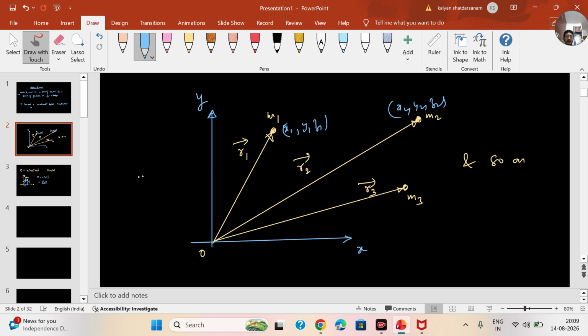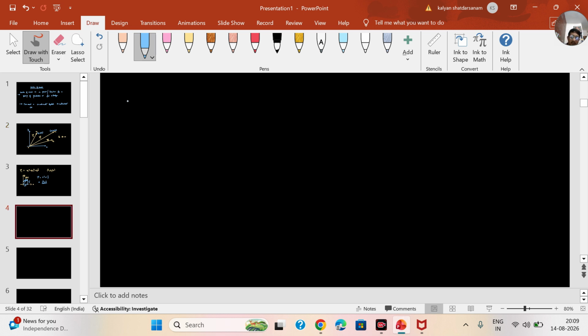So how do I find it? The definition goes like this. The position of center of mass, obviously from the origin. Whenever I say position or position vector, it is from the origin. It is given by the first mass multiplied by its position, plus the second mass multiplied by its position, and like this you add all terms.